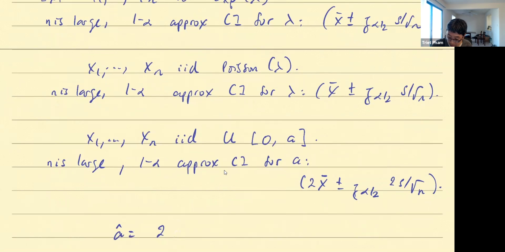And if x bar is approximately normal when n is large, then clearly 2x bar is also approximately normal when n is large. So you can use this as an approximate confidence interval. But you have to modify it, because now the estimator for a is not the mean, so it's not x bar but 2x bar. Is that okay?